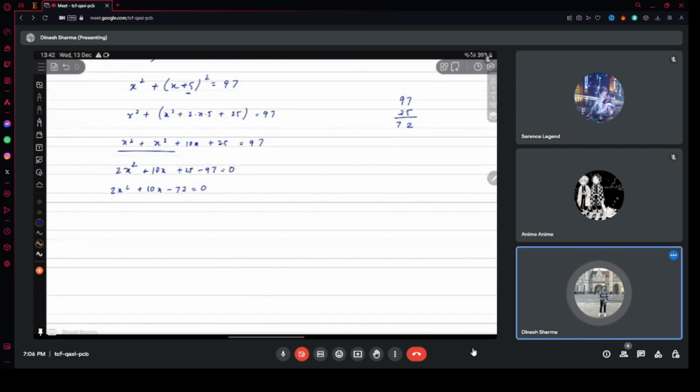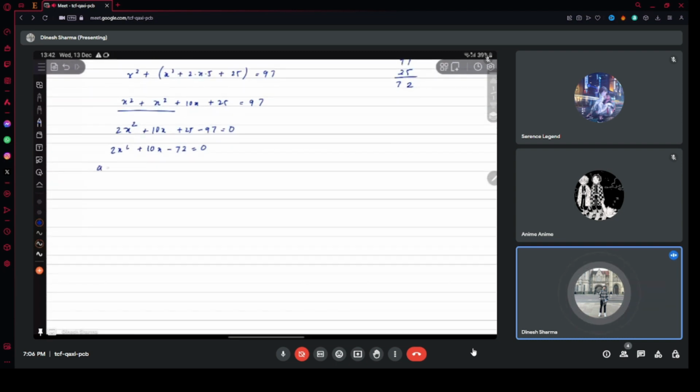So now you can use the formula again. But before that we have to find a is 2, b is 10, c is minus 72 again. So you can use the formula x equal to minus b, b is 10, plus minus under root b square, 10 times 10 is 100, minus 4 into a into minus 72 divided by 2 into 2.